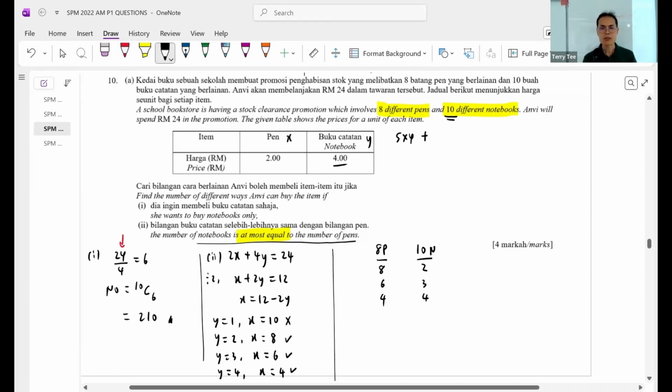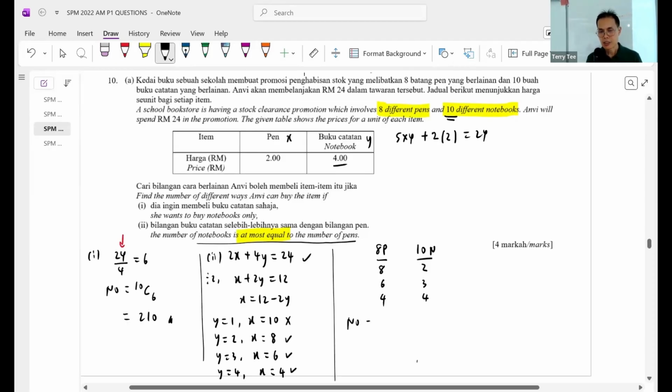Then how many pens can I buy? You only have 24. 2 pens? Correct, that's 24. Isn't this tedious, one by one? Why don't we just use the linear equation? This way is easier. Okay, anyway, come back to this.